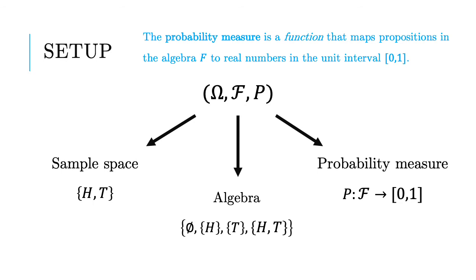Indeed, we'll see later that necessarily the empty set must get probability 0. Heads to 0.5 or a half chance. Tails to 0.5 or a half chance. And heads or tails, the last element of our algebra, to 1 or certainty.